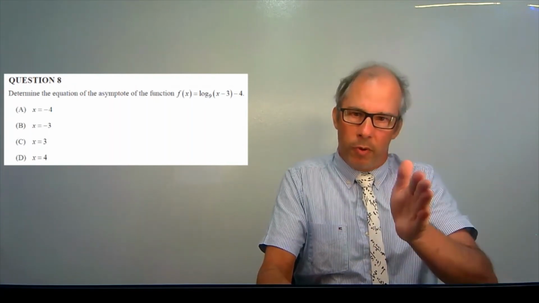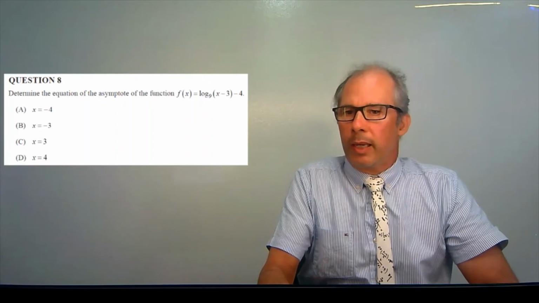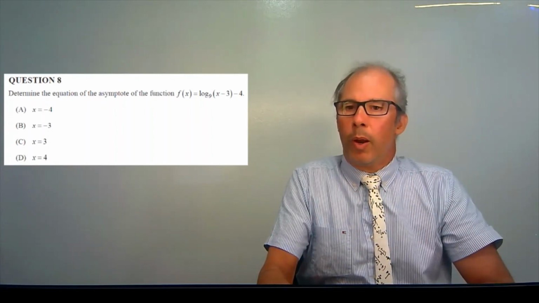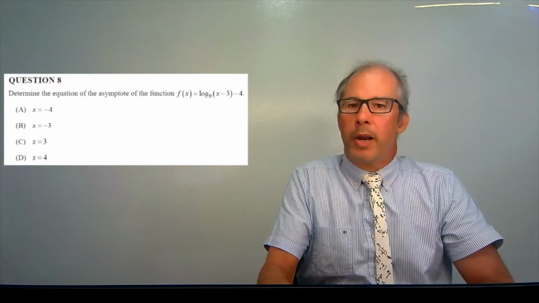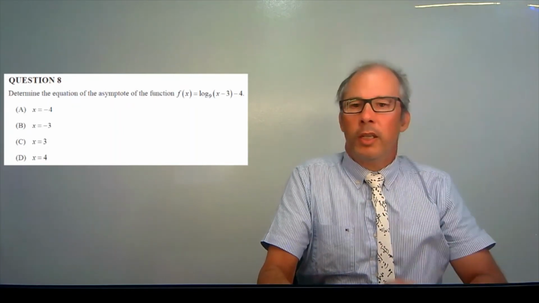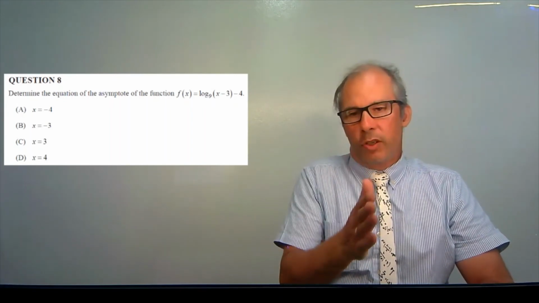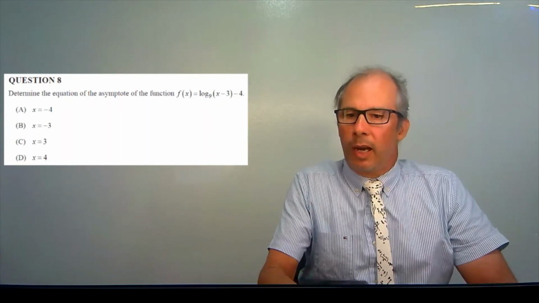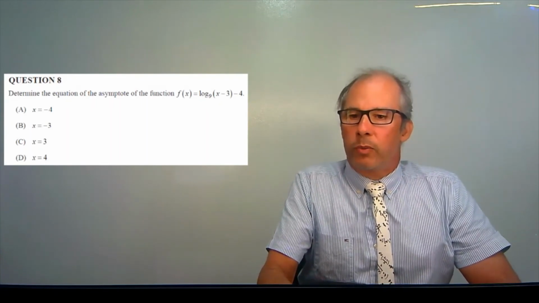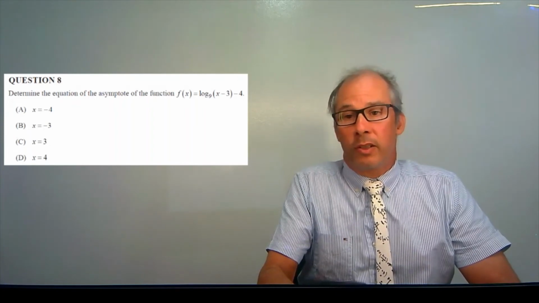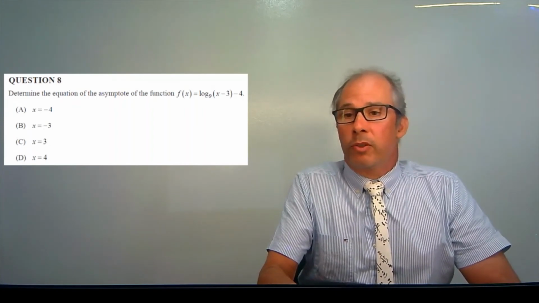This one here, because it's y equals log base 9 of x minus 3, is a shift to the right of 3 units. So instead of the asymptote being at 0, it's just going to shift over to the right for this one. So your answer for this question is simply C. If you know your stuff, this should take less than about 10 seconds to answer. Alright, we're up to question 9.